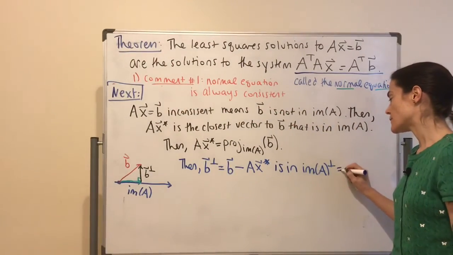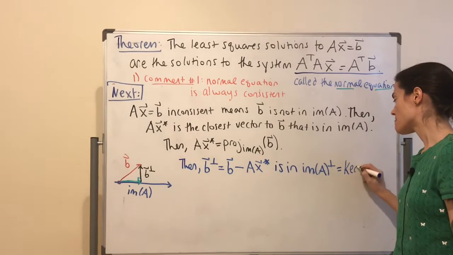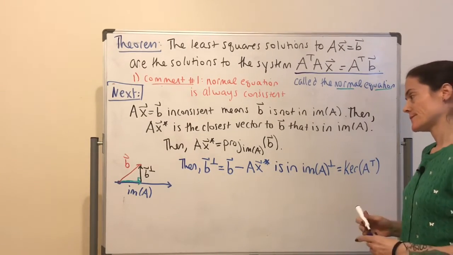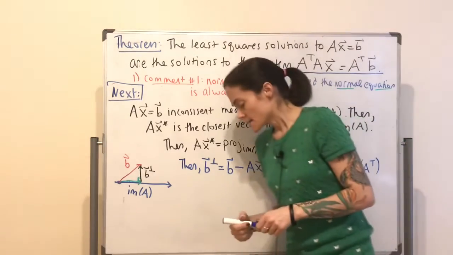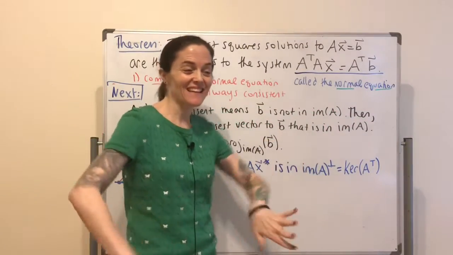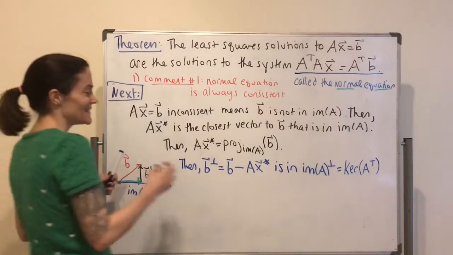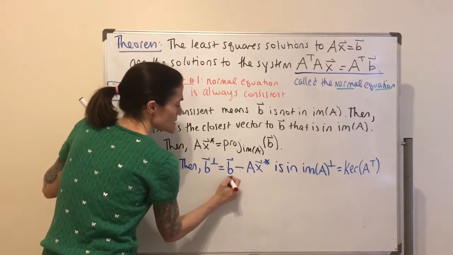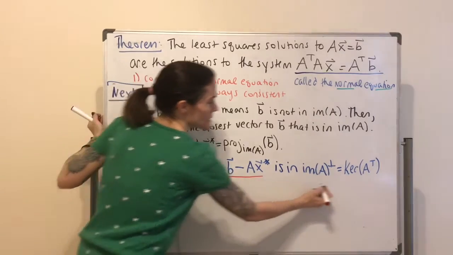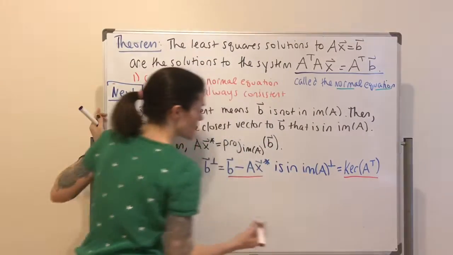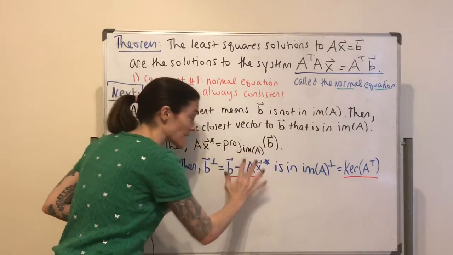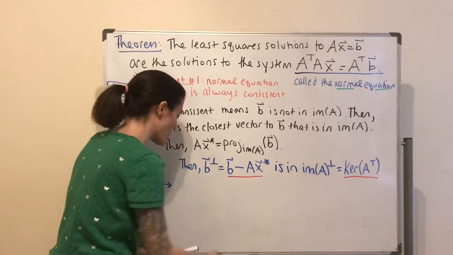This is equal to the kernel of A transpose. Now we just keep unraveling this a little bit more. This vector here is in the kernel of A transpose. So if I take A transpose times this vector, I get 0.